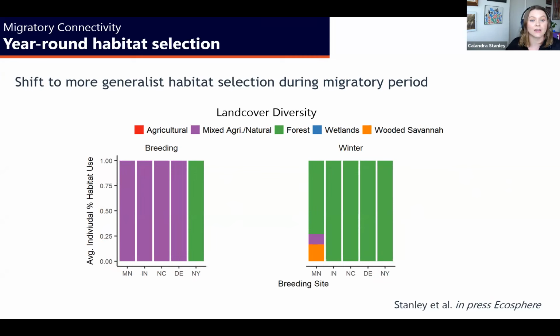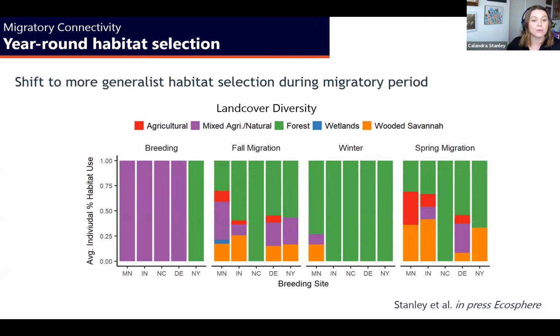And we can see that during the breeding and wintering ground, birds are predominantly in forested land cover types or in landscapes that are a mix of agriculture and forested areas, which is what we would expect for a forest breeding species. But when we move into the migratory periods, we're seeing individuals occupy a lot more novel land cover types, suggesting that the factors driving habitat selection preferences might be changing across seasons, which could have important implications for the management of this species.